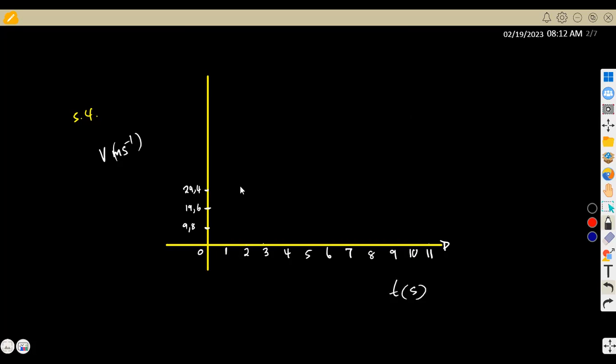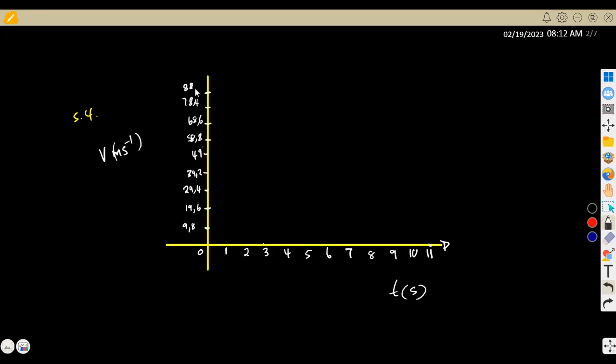We add until the 11th part there on top. So that is going to be 39.2. If we add, that's 49. If we add, that's 58.8. If we add 9.8, we are going to have 68.6. If we add 9.8, we are going to have 78.4, and so on, guys.